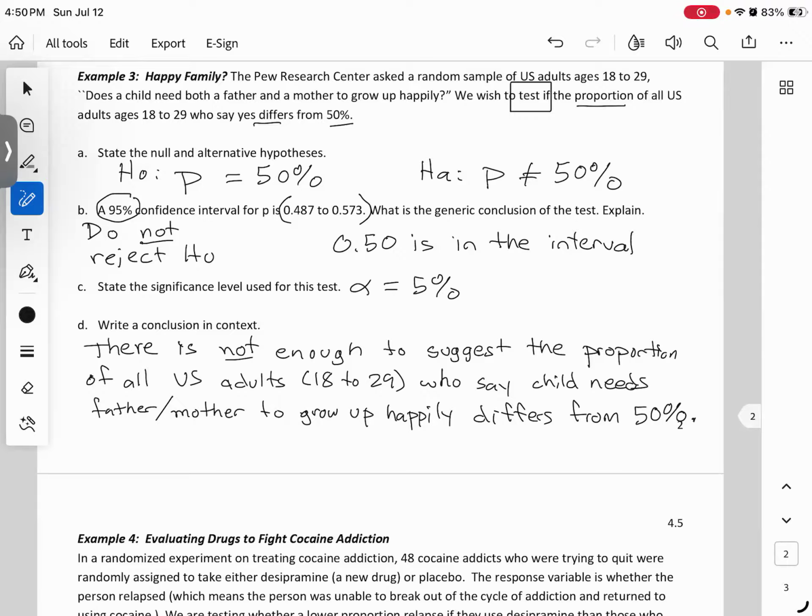Now, we're not going to say that we accept that it's 50%. We're just saying, there's not enough evidence to suggest that it's something different than that.